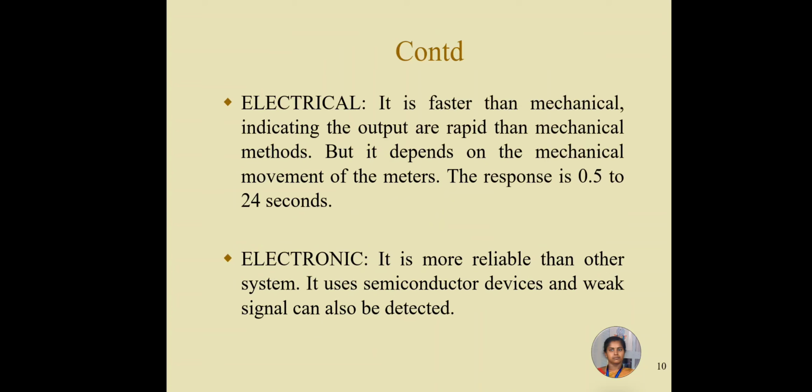Electrical instruments are faster than mechanical methods in indicating the output, but they depend on the mechanical movement of the meters. The response is 0.5 to 24 seconds. Electronic measurements are more reliable than other systems. They use semiconductor devices, and weak signals can also be detected.